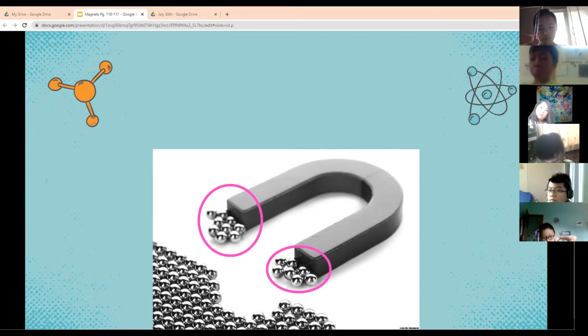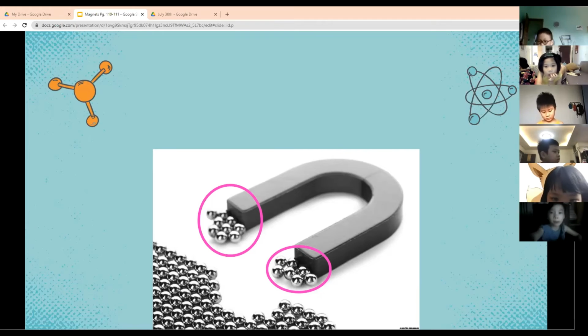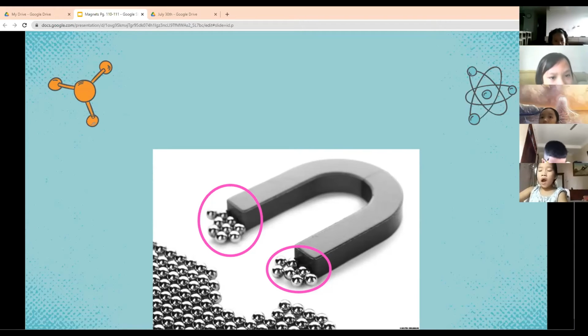How about Sino? Sino, what do you think? It's the weakest because they only have magnetic force at the head of the magnet. Okay, so Sino thinks it's the weakest at the poles. Let's ask one more person. Kim, do you think the magnet is the strongest at the poles or the weakest, where I have circled?